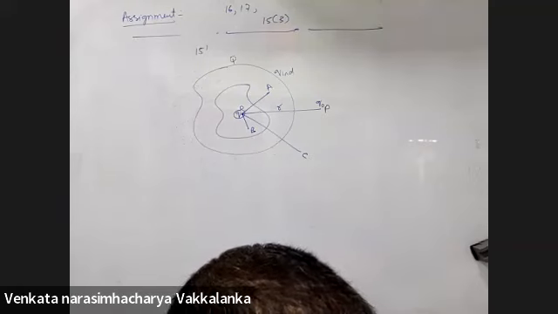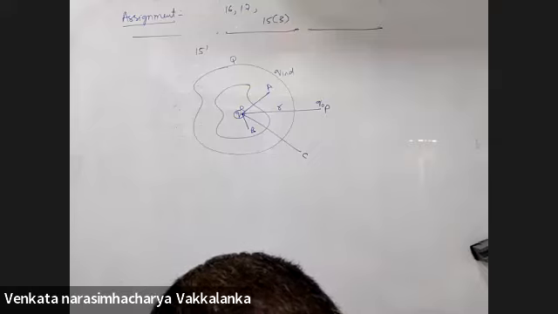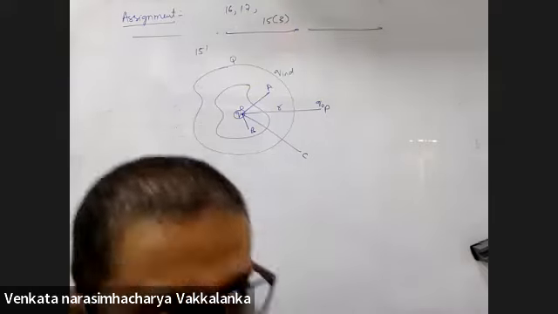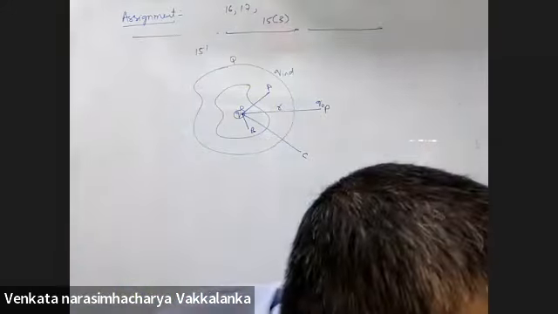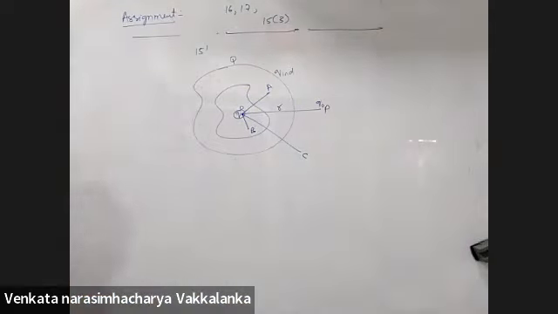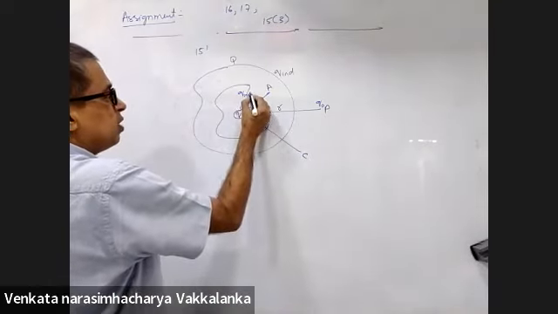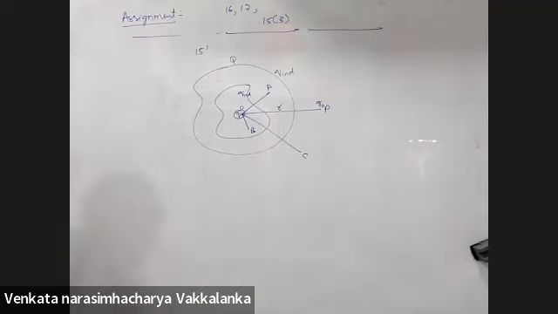Field at point A. Right. Field at point A. Now listen, I will have Q induced on the inner side. What did he ask?